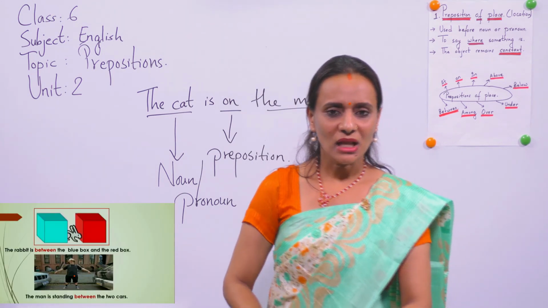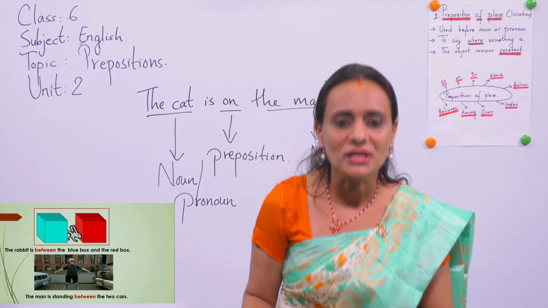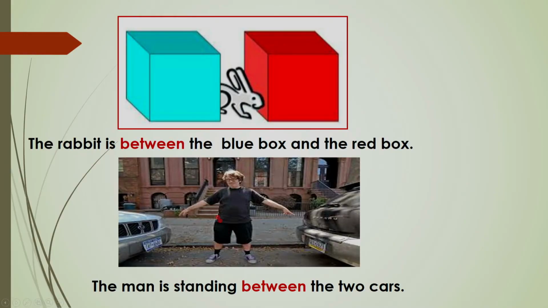Now, look here. What can you see here? Two pictures. In the first picture, this one is the blue box, isn't it? And this one is the red box. Very good, my dear students. And what is it here, in the middle? It's the rabbit.